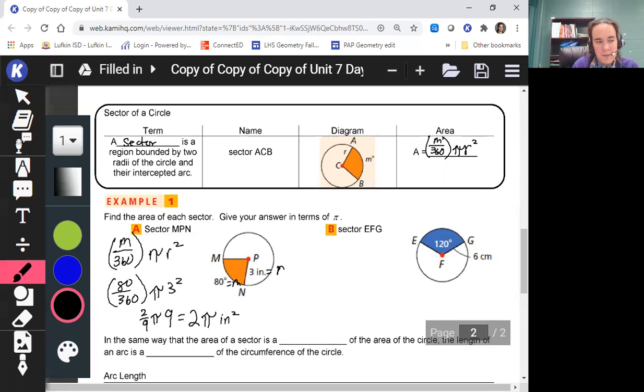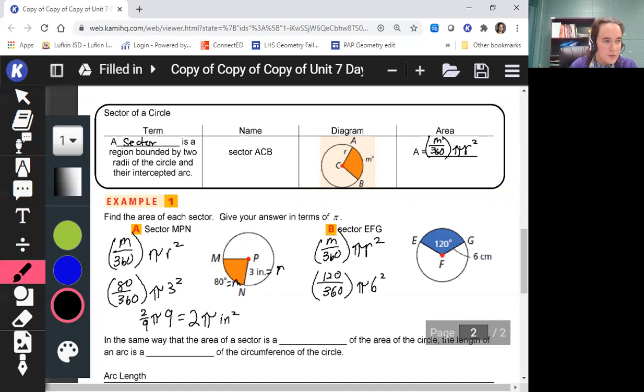We're going to use the same formula to find the area of our next sector. So measure of our angle over 360 times pi r squared. Measure of our angle is 120 over 360 times pi times our radius, which is 6 squared.